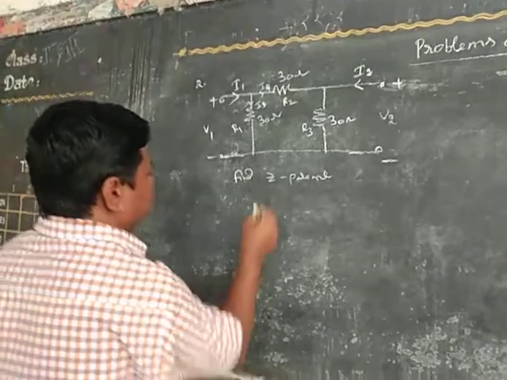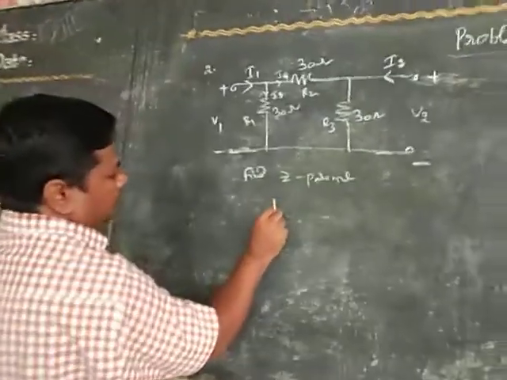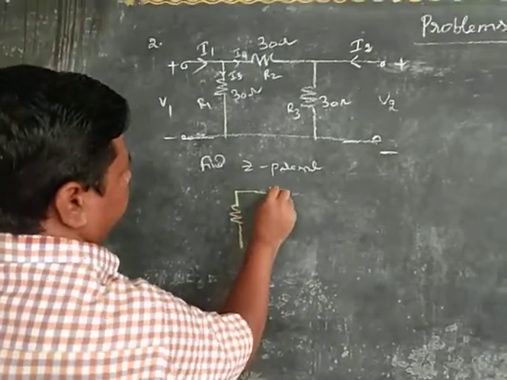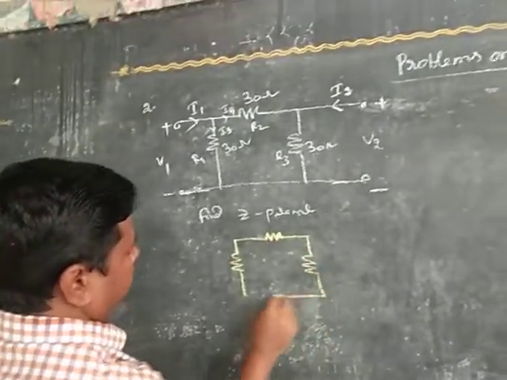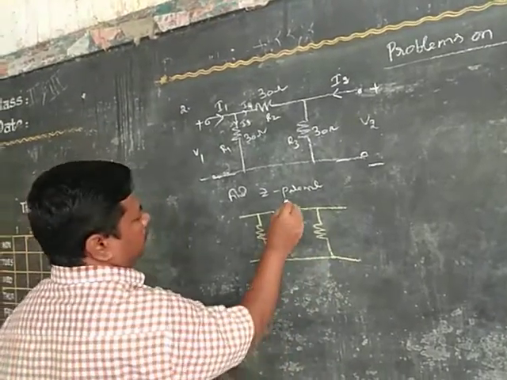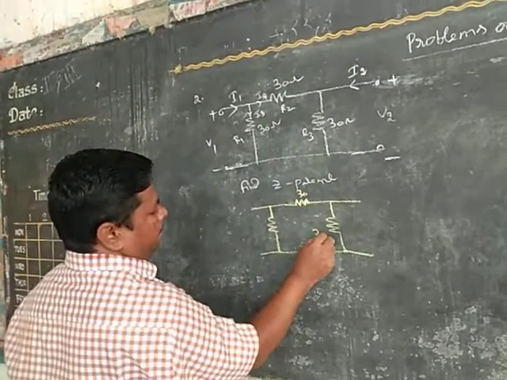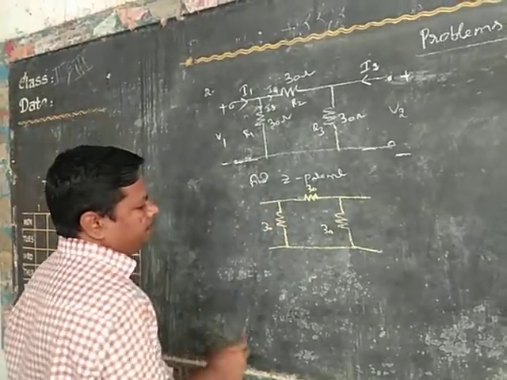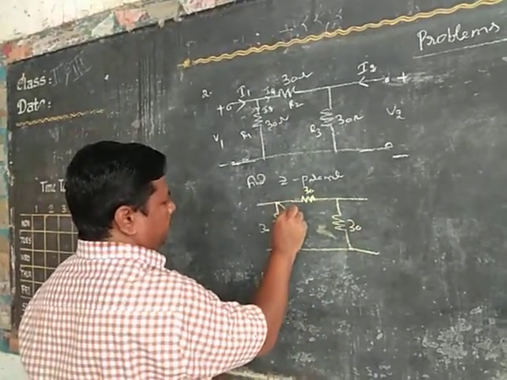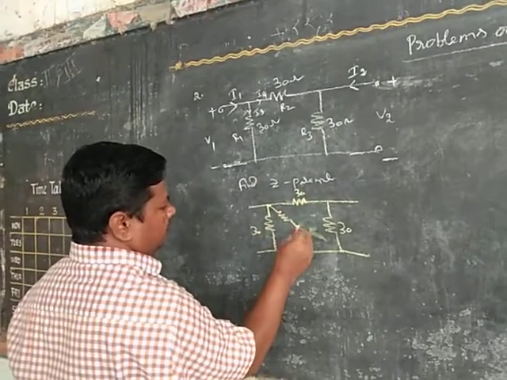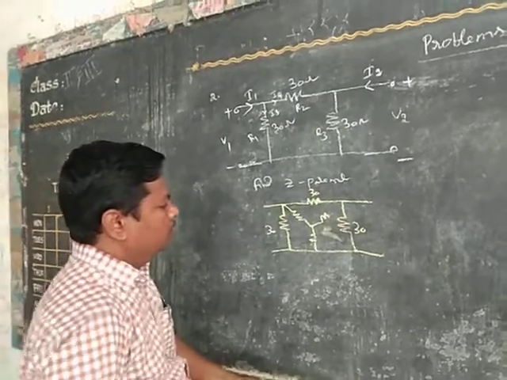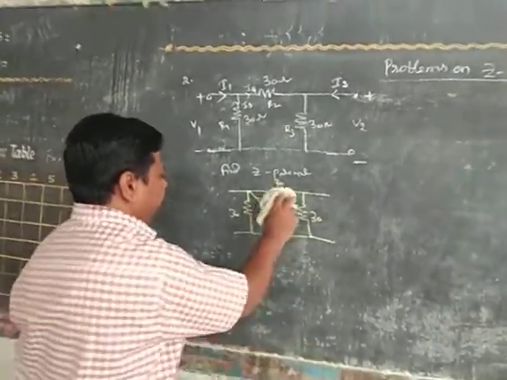The first thing is convert the pi network. This is the delta network, delta converted into star.